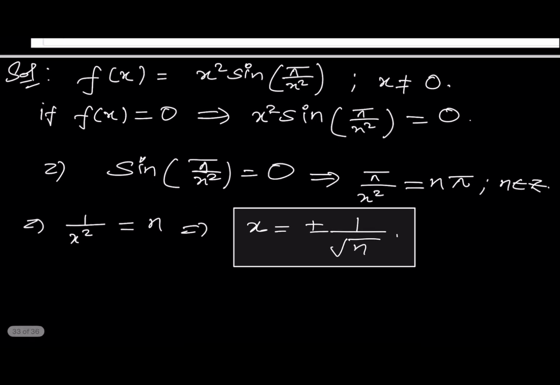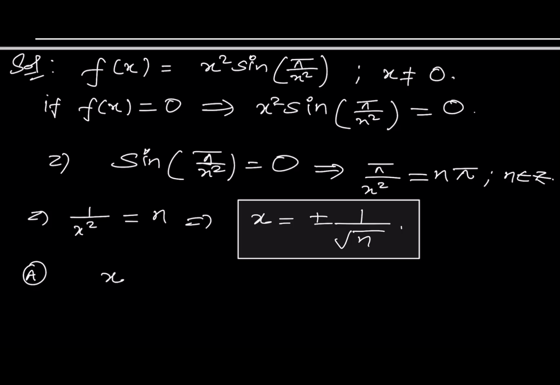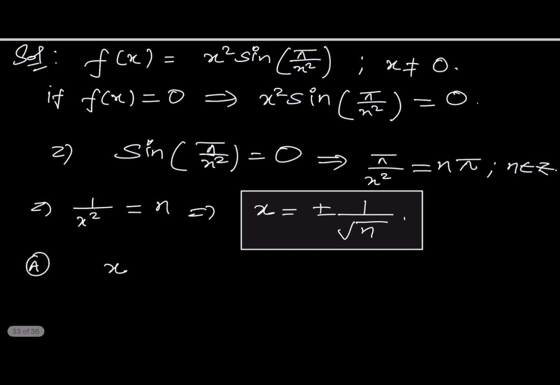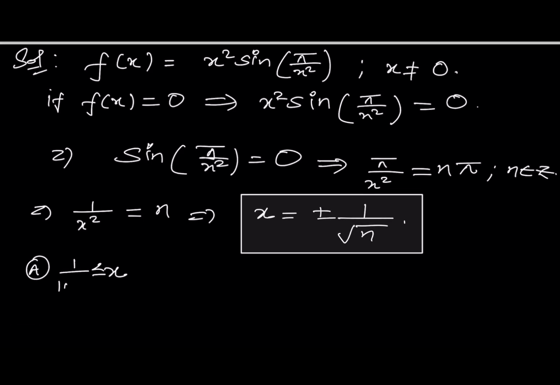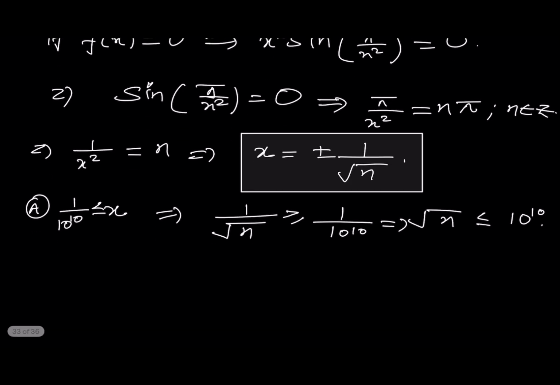If x is greater than or equal to 1/10^10, it implies 1/√n is greater than or equal to 1/10^10, or √n is less than or equal to 10^10. Inequality changes if we take reciprocal on both sides.